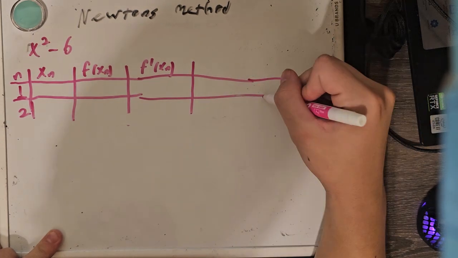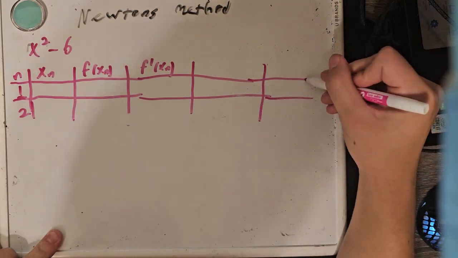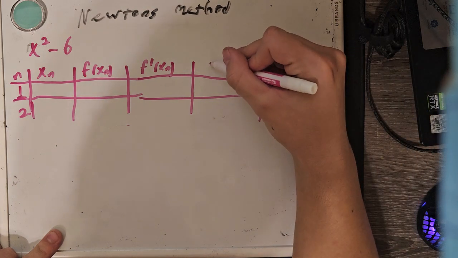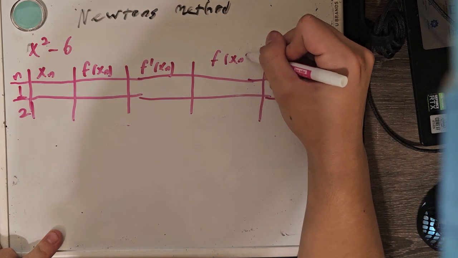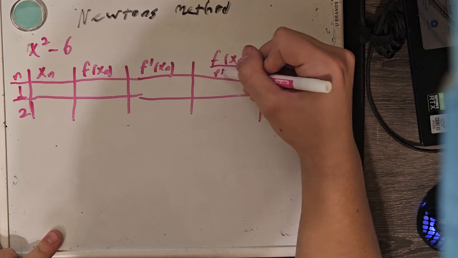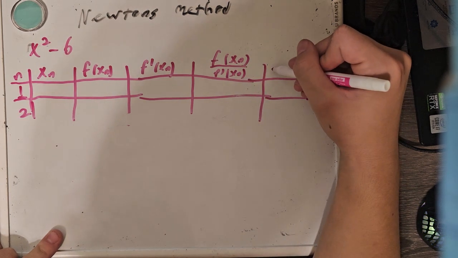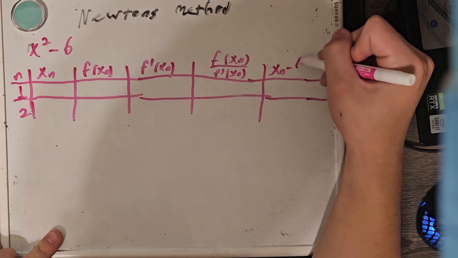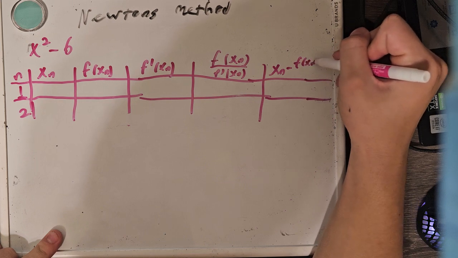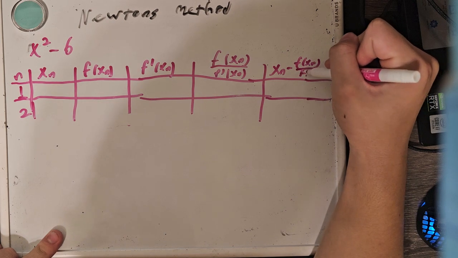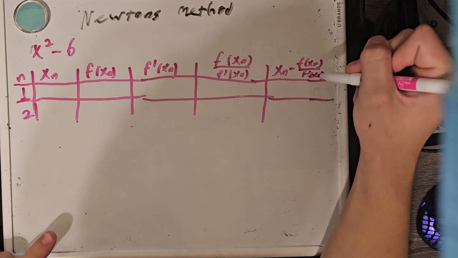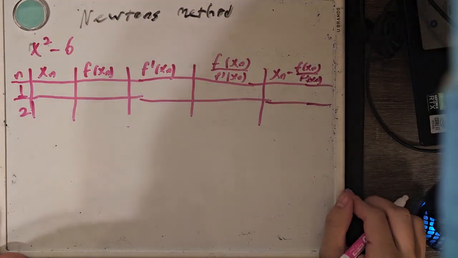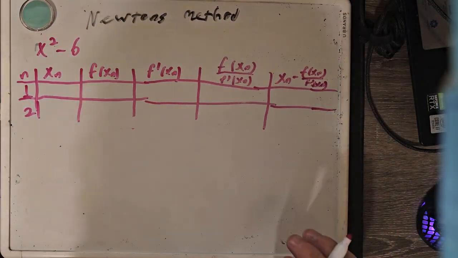Next, you have f of x_n over f prime of x_n. Finally, you have x_n minus f of x_n over f prime of x_n.